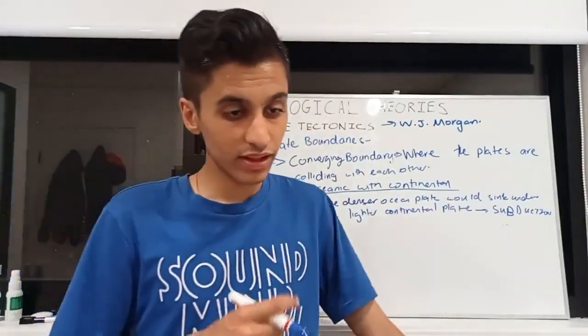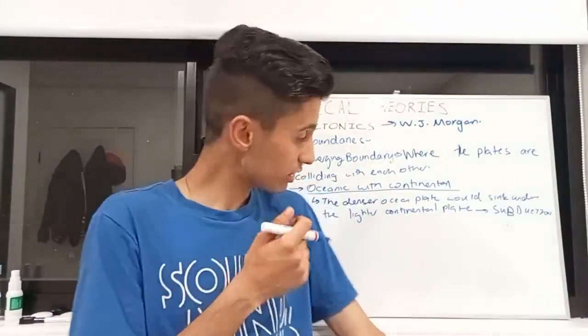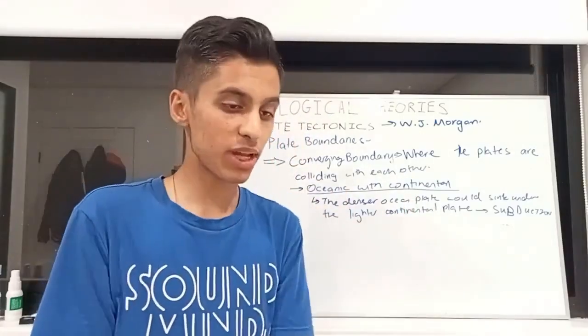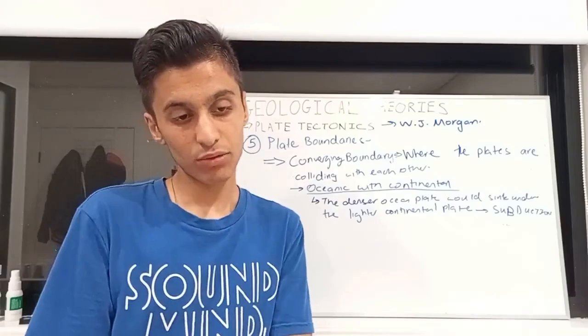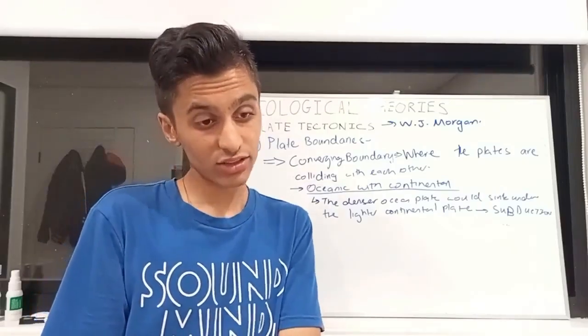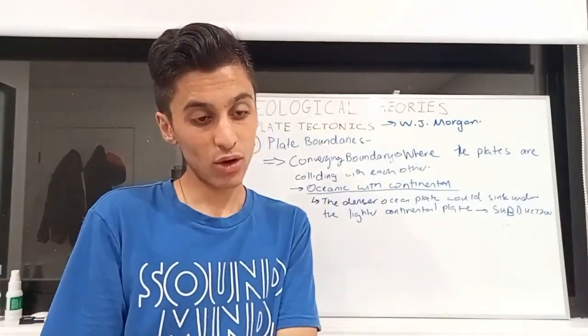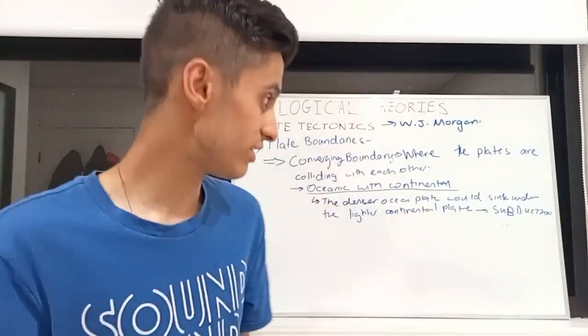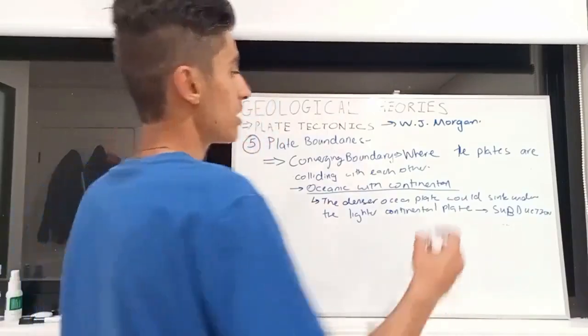Next, let's look at the landforms that would form with oceanic and continental crust. The continental plate would be distorted and form fold mountains and stratovolcanoes, and the oceanic plate would subduct to create deep ocean trenches. So let's take a look at this.